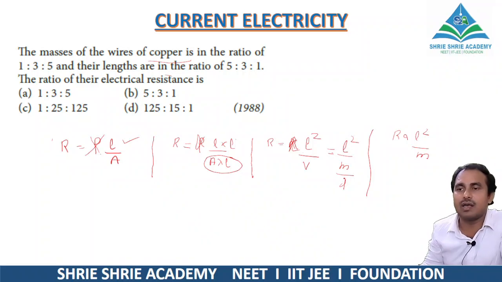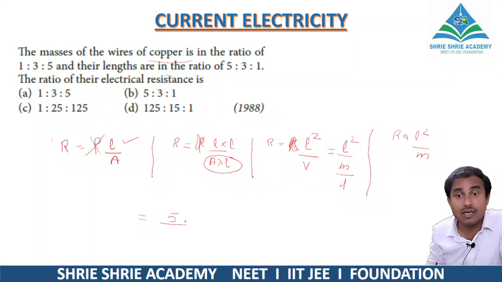So we take the ratio of L1 squared by M1. The first length is given as 5, so 5 squared divided by M1, which is 1.